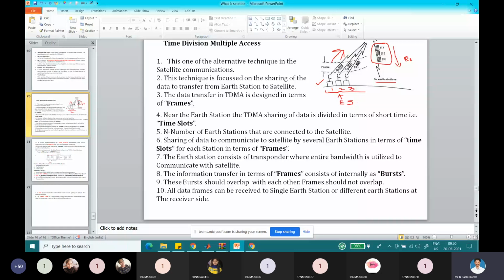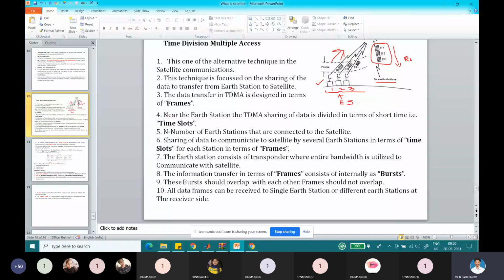So the data is divided in terms of frames here. Near the earth station, each frame is sent in terms of time slots, where we are dividing into time slots near the earth station.